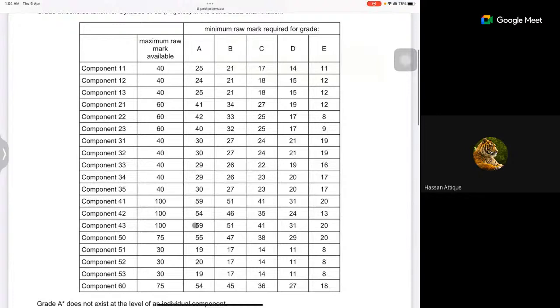Just remember that paper 4 is a difficult paper. If you have lost marks somewhere, it means that chapter needs to be redone. Is it clear, everyone? Please check it. Who got an A? Okay, that's good.